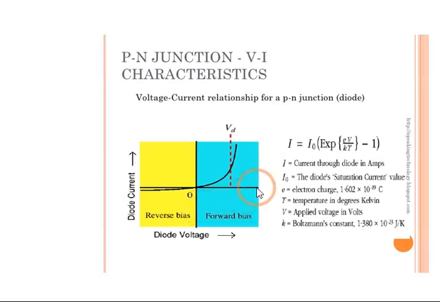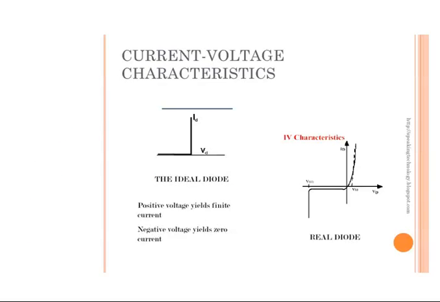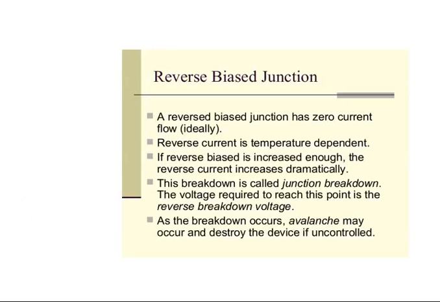Now there are a few types of characteristics due to important properties of the diode in forward bias and reverse bias mode. There are kinds of resistances that take place in the reverse bias junction and in the forward bias junction too. A reverse bias junction has zero current flow. It is temperature dependent.